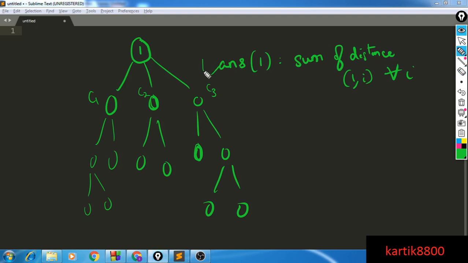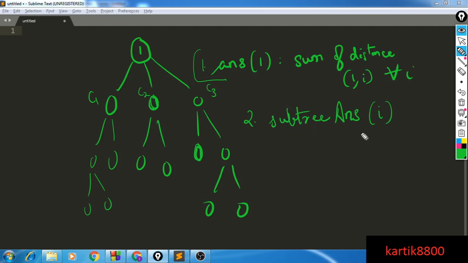Let's define subtree answer. The subtree answer at i is the answer for node i, assuming that my entire tree was the subtree rooted at node number i.